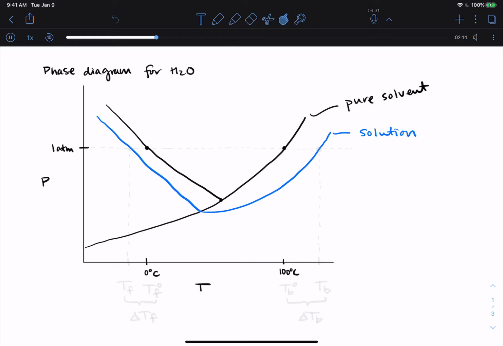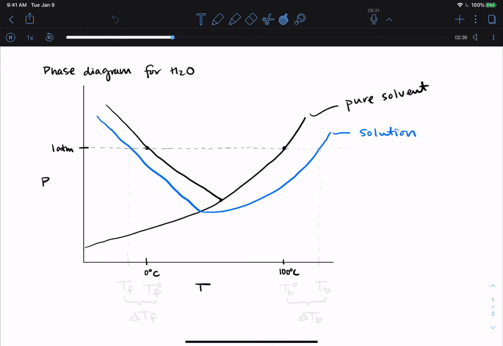So what we can do is we got all of our normal boiling and freezing values by taking our 1 atmosphere line. Let's do it in gray, and carrying it all the way across, right? Because those are our normal conditions.